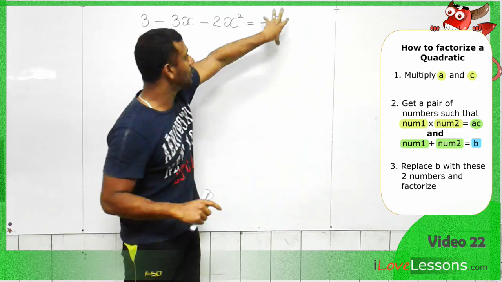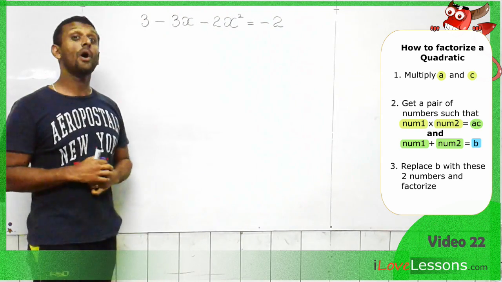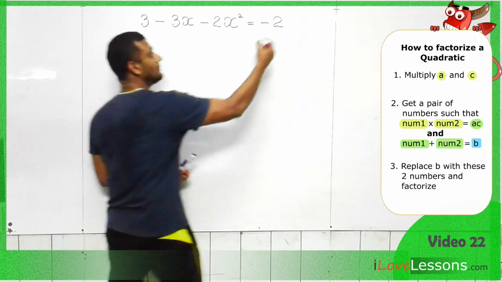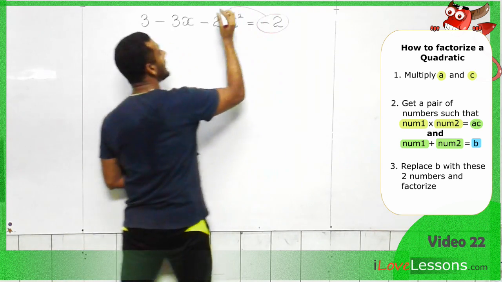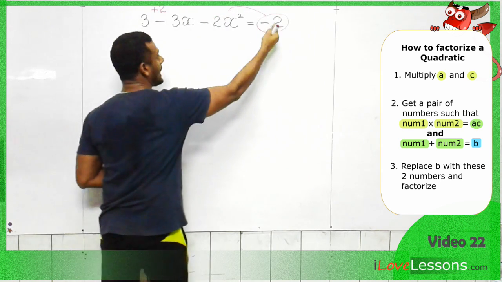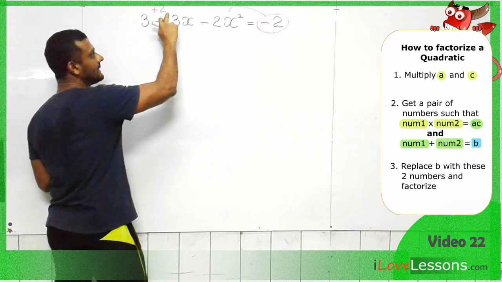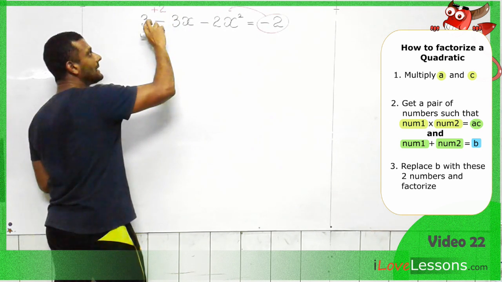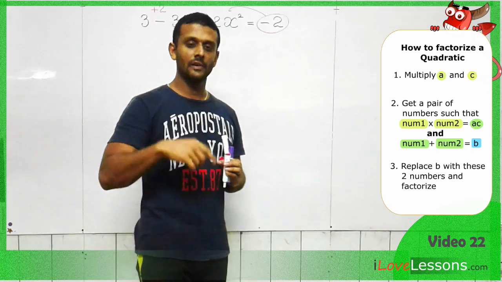So before I start the question, I will throw across the minus 2 to get positive 2. So this minus 2, grab it, throw it across, and it will become positive 2. Now, I'm going to add these because I know this one doesn't have a letter and this one doesn't have a letter. So I can add the 3 and the 2 and summarize it to get 5.